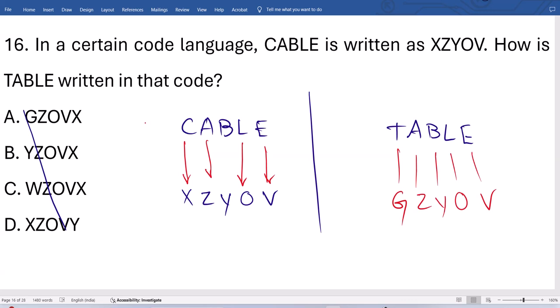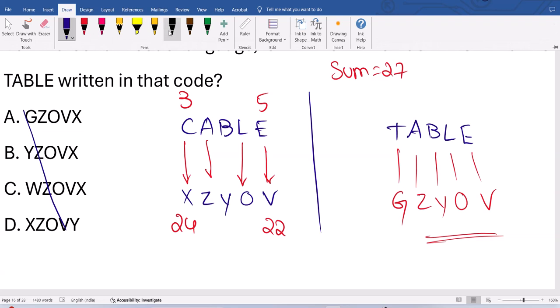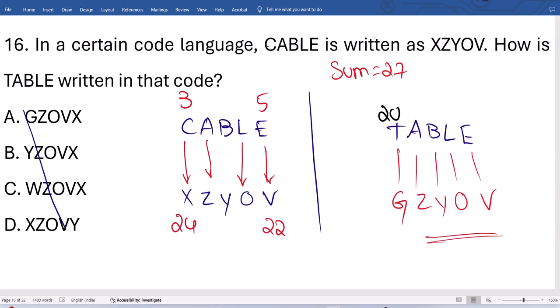We need this option actually. It's opposite pairs. In fact, the sum of those two letters' positions is equal to 27. T is 20, G is 7. All those pairs, the sum is equal to 27. That's what we call opposite pairs.